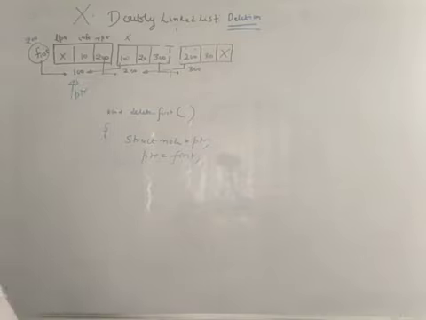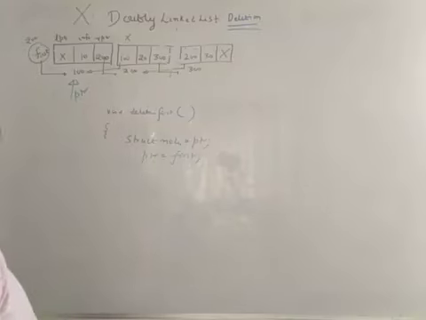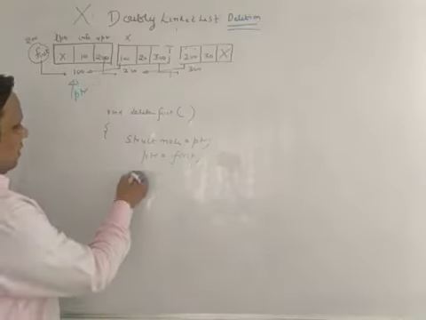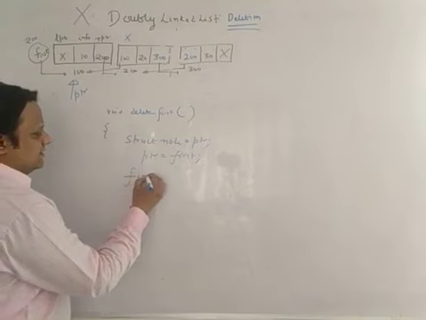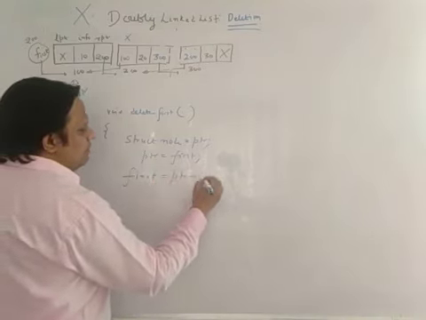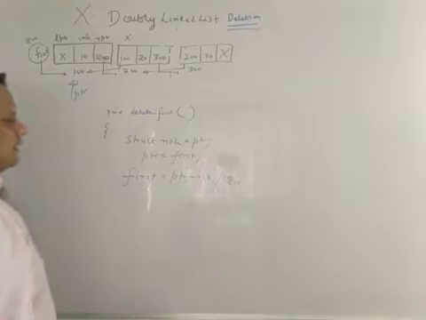Now if this gets deleted, this becomes my first node. So you should know that the first pointer should always point to the first node. So I have to make sure that my first gets the value 200. First is equal to ptr arrow rpt. Now my first is having the value 200.